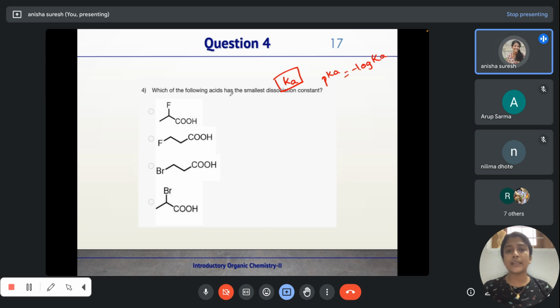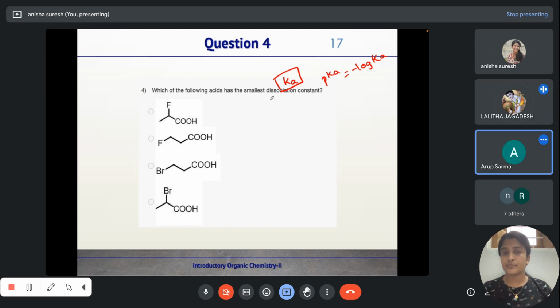So what will be the correct answer? Which of the following acids has the smallest dissociation constant? Option 3, the third option. Yes, that is the right answer.